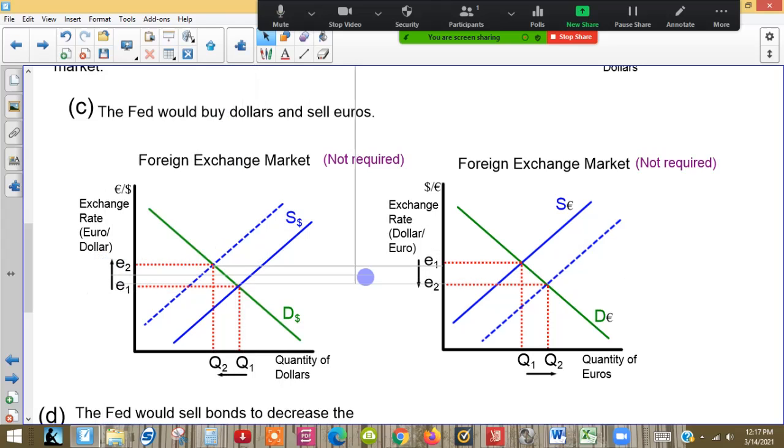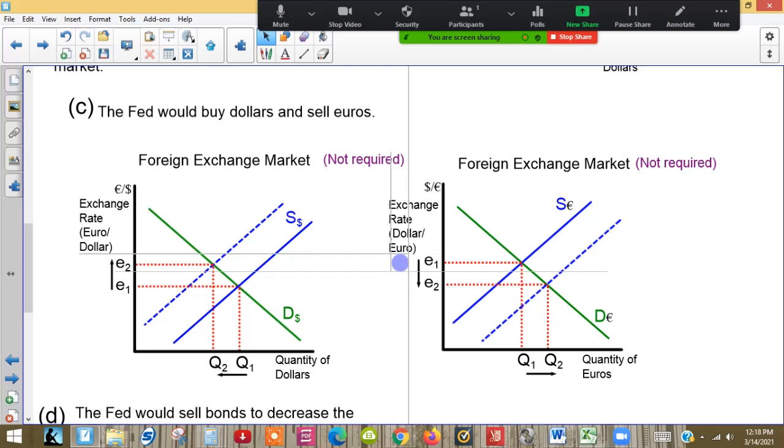And then if we look at it from the perspective of euros, I've got euros here on the horizontal axis, and I've got the euros in the denominator up here. So when they sell euros, that's going to put euros into the foreign exchange market, because they're selling them to the market. So that's going to shift the supply of euros to the right, which pushes down the value of the euro against the dollar.